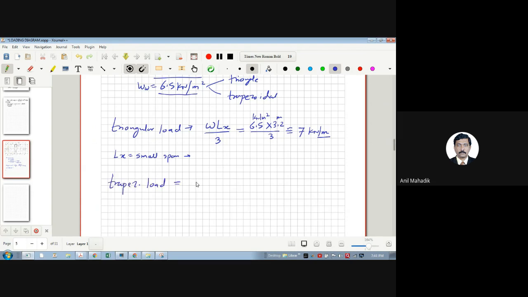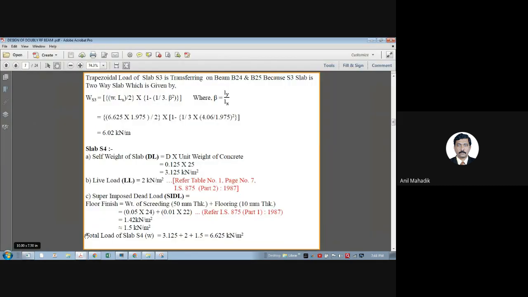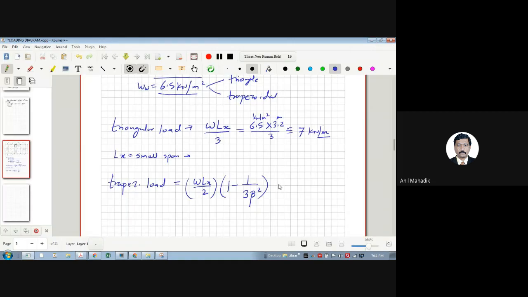And then there is one case, trapezoidal load, and there is a formula, WLx by 2 into 1 minus 1 upon 3 beta square. Let's check it out. And beta is nothing but Ly by Lx.